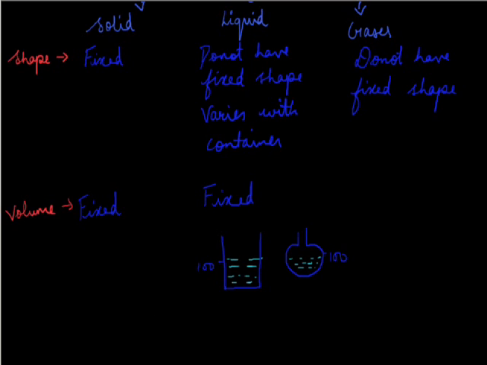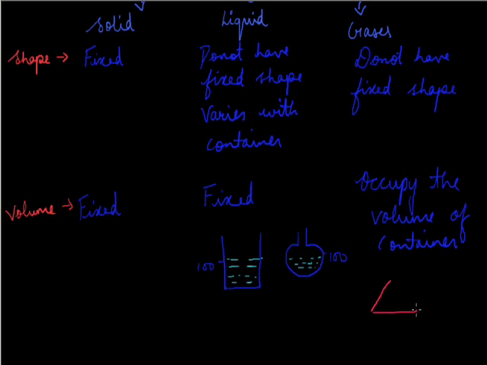Okay, but in the case of gas, what we see is that gases occupy the volume of the container. That is, they do not have a definite volume and they occupy the volume of the container. Now for example, if I am taking two different flasks, this is a conical flask and another one is a round bottom flask.